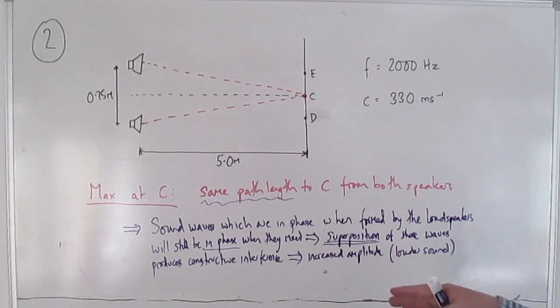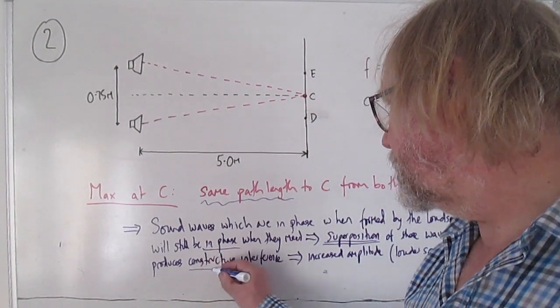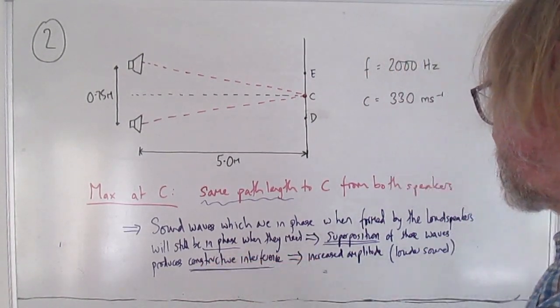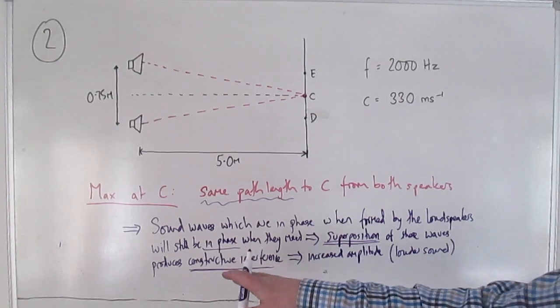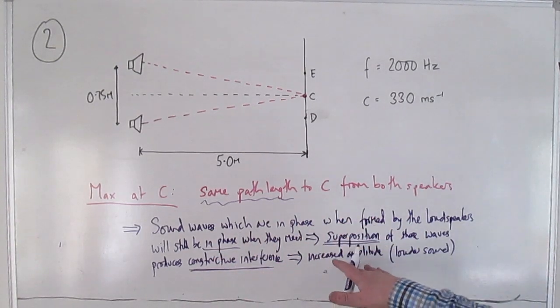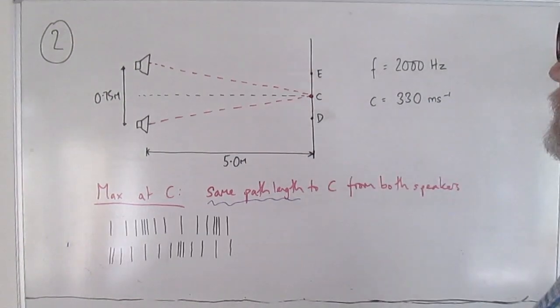And superposition of in-phase waves produces constructive interference, which means that it increases the amplitude. So you need to have that idea of constructive interference in there as well. And then you can just explain that means bigger amplitude and therefore a louder sound.